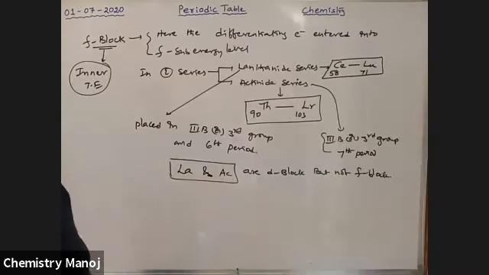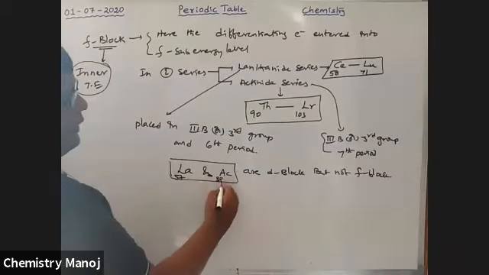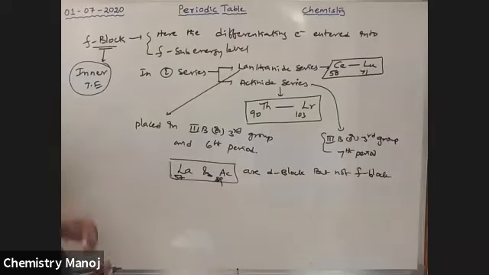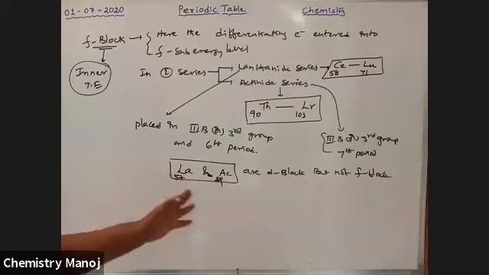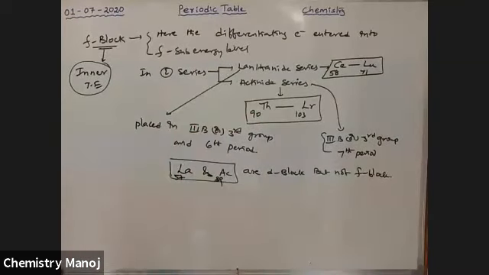Lanthanum, atomic number 57, and actinium, atomic number 89, are D block elements, not F block elements, my dear boys. These are not included in the lanthanides and actinides, but those elements are present in the lanthanum box and the actinium box. That's why they are called lanthanides and actinides.